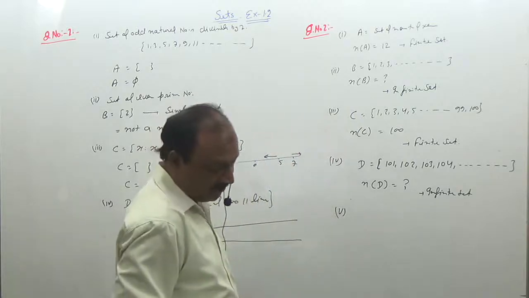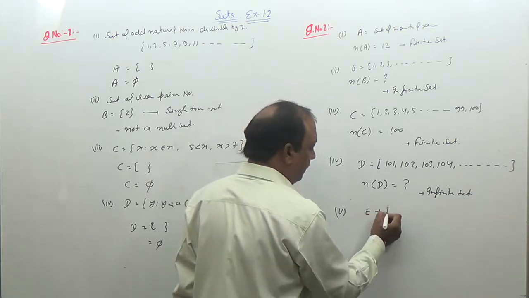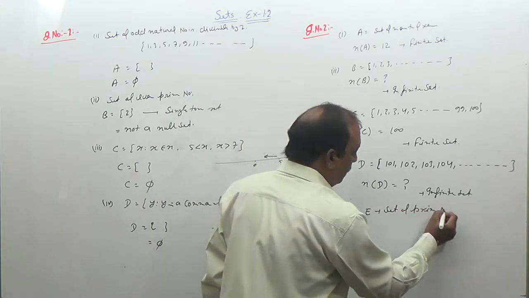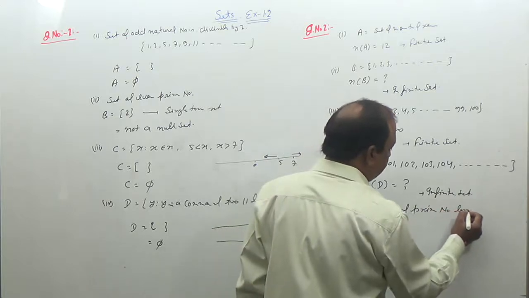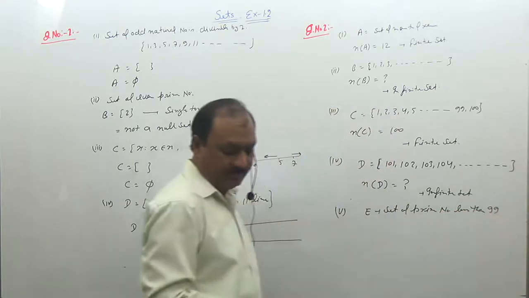And fifth is the set of prime numbers less than 99, E. Set of prime numbers less than 99.